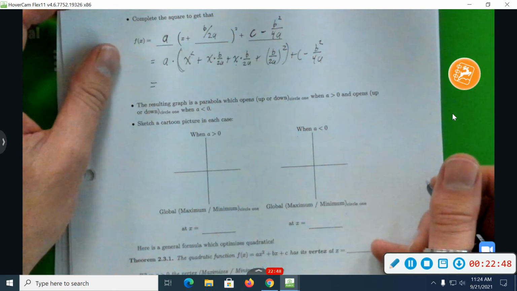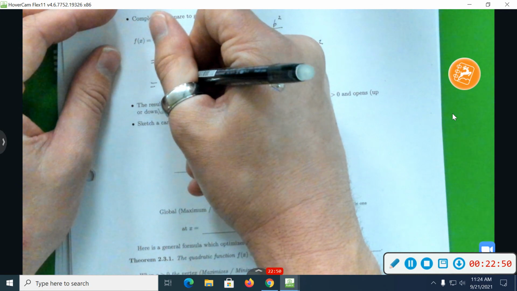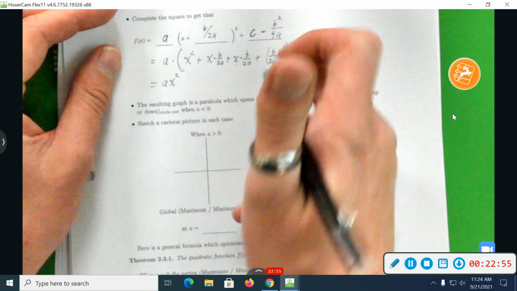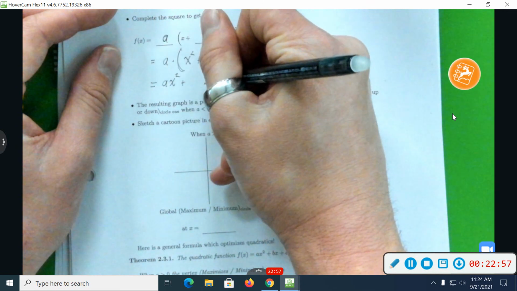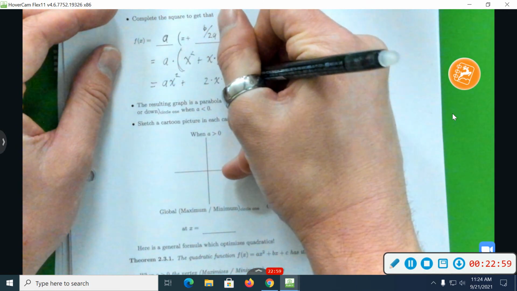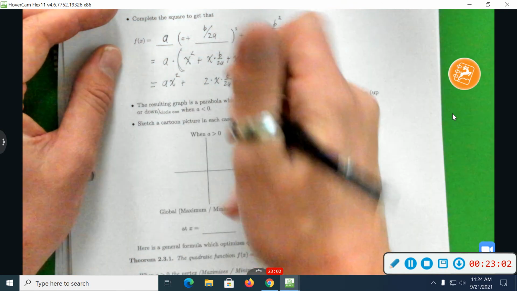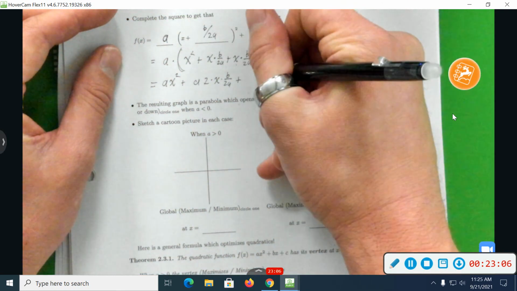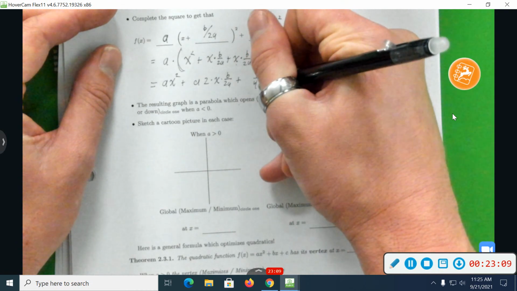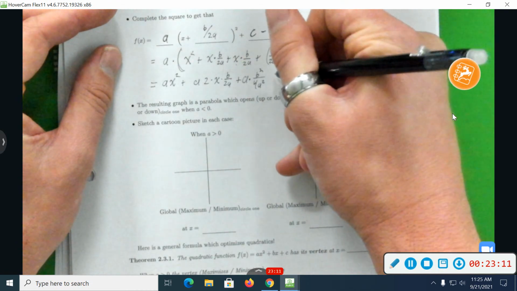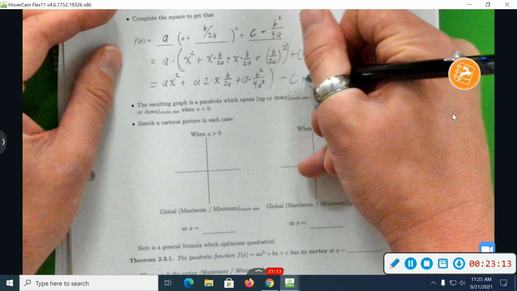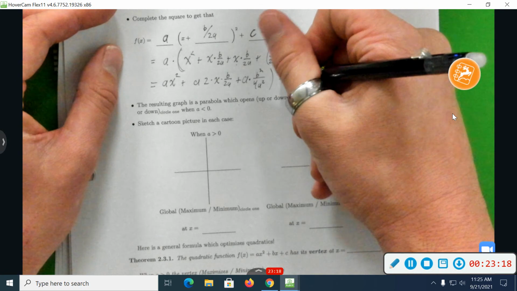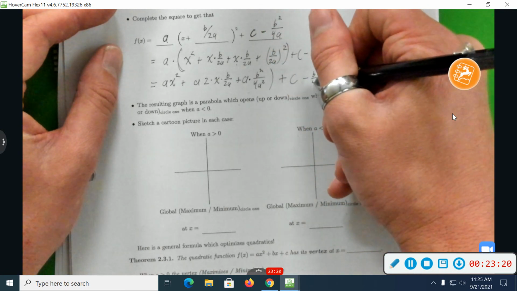And now let's distribute that a and do some simplification all at once. a x squared plus x times b over 2a, x times b over 2a, that'll be 2 times x times b over 2a, and then that needs to be multiplied by a, plus b squared over 4a squared times a, plus c minus b squared over 4a.